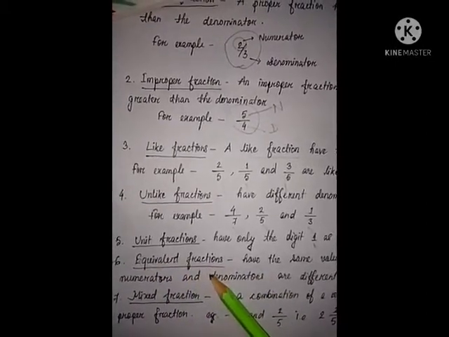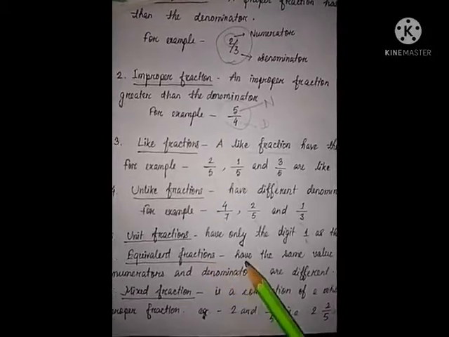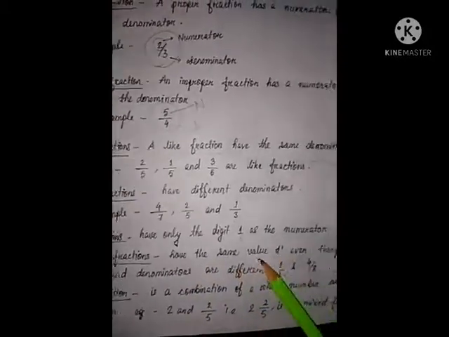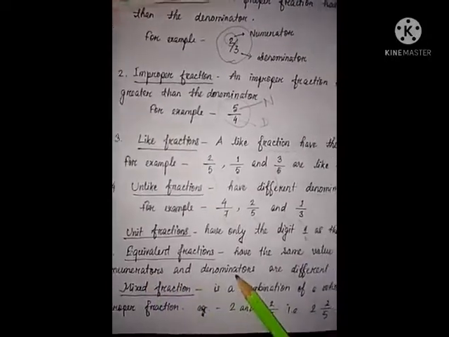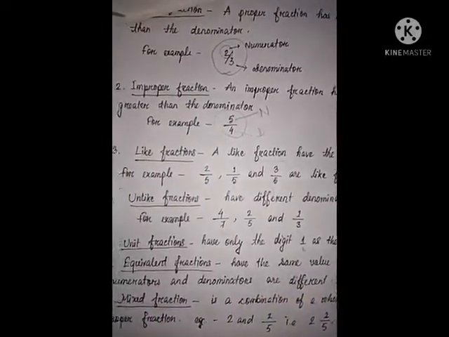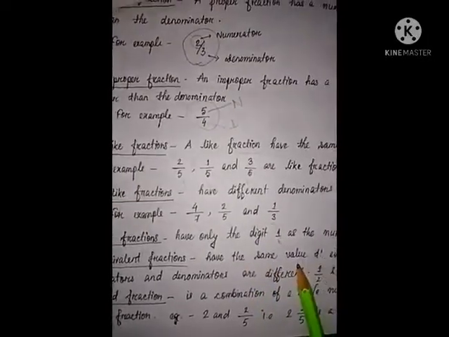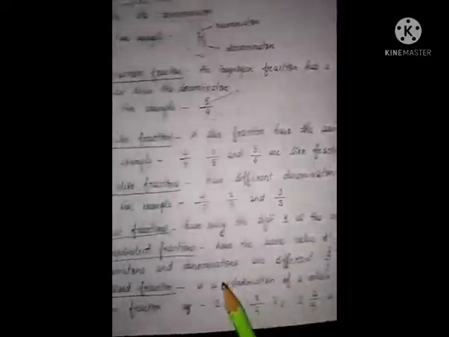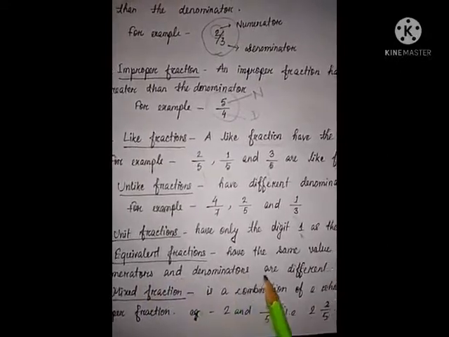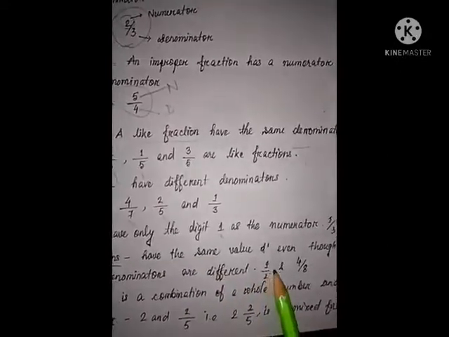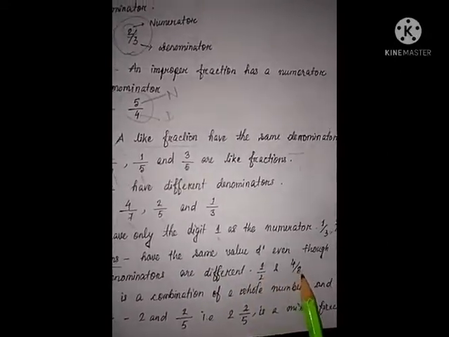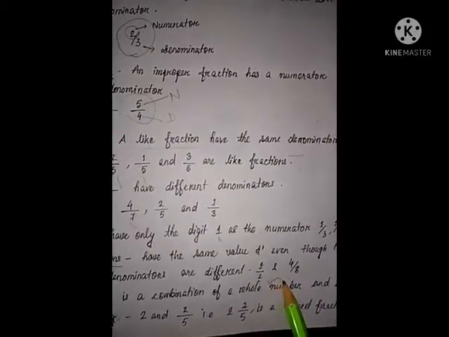Equivalent fractions are the fractions which have the same value even though the numerators and denominators are different. See this example, 1 by 2 and 4 by 8 are equivalent fractions.